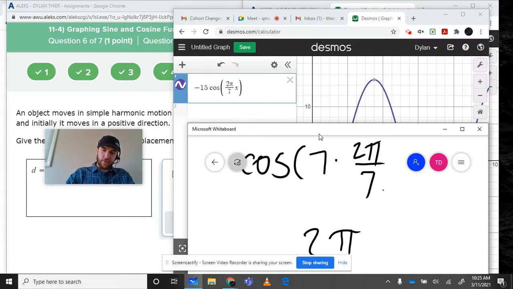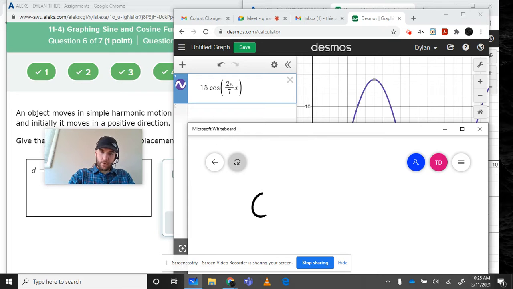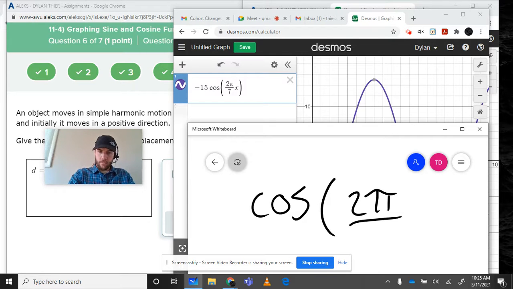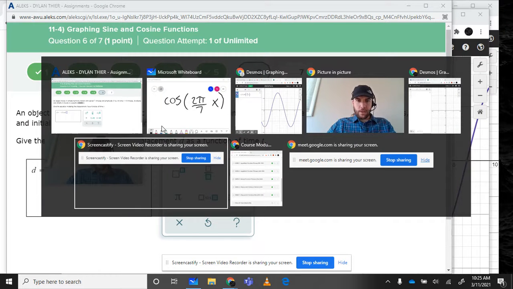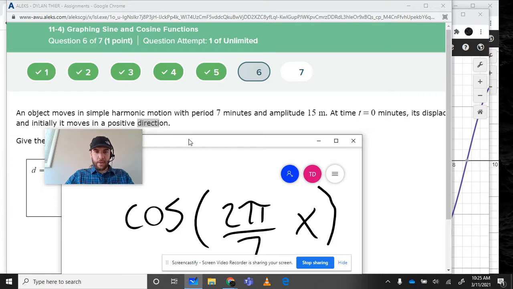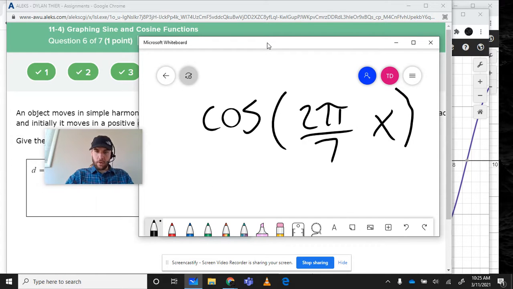So that makes sense. That follows the pattern that I was describing before, where we wanted a situation where if I put in a 7 for x, if I put in 7, whatever it was, minutes, then what I would have got out was that my period had been finished. So all I needed was 2 pi over 7, so that when x is 7, they cancel it out.